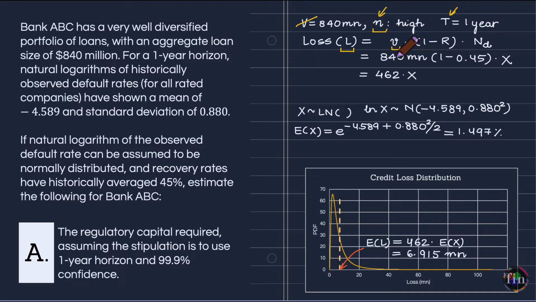I am focusing only on the principal part. I am not focusing on the interest part as far as my calculations are concerned. So if I have lent out this much amount of money to each of my n borrowers, and let's say if any one of these n were to default, how much do I stand to lose?